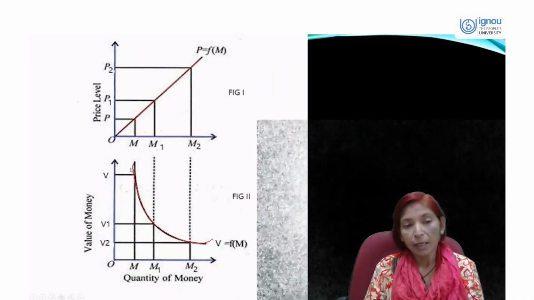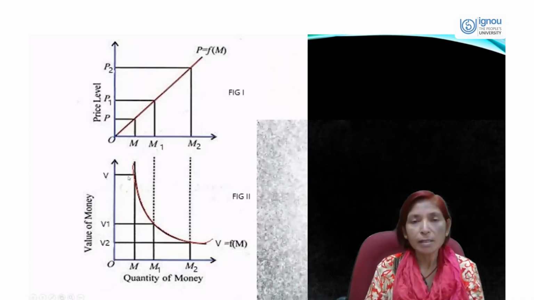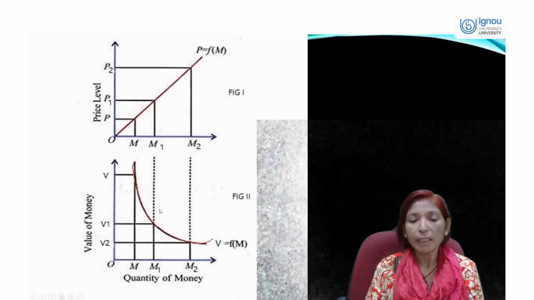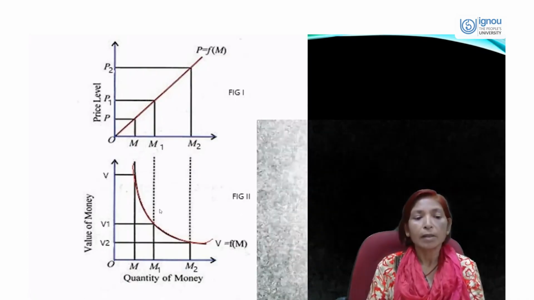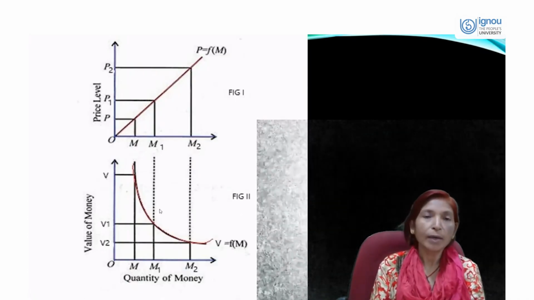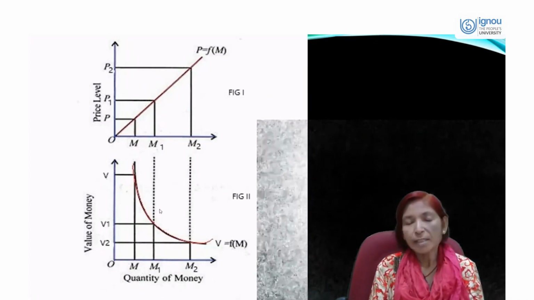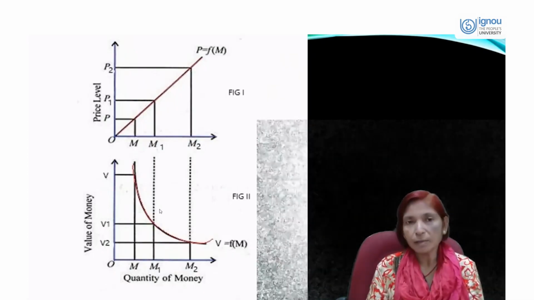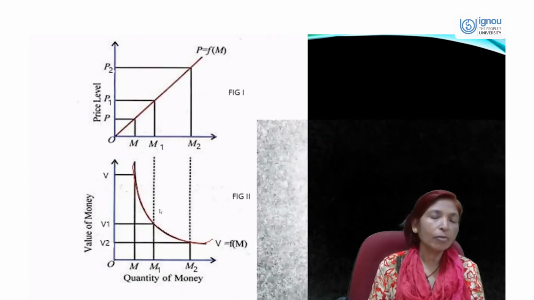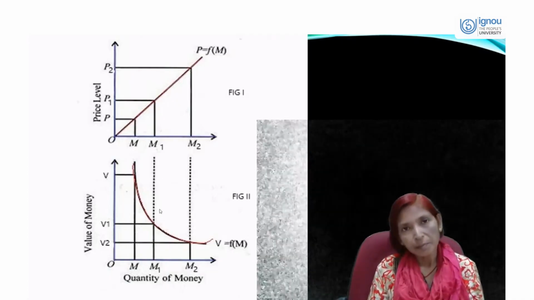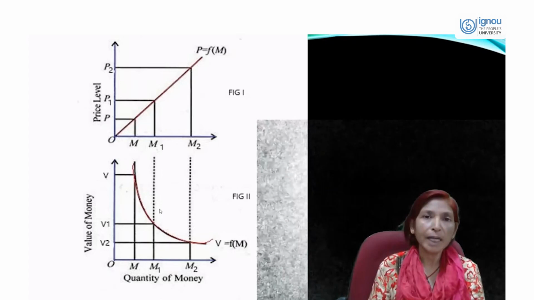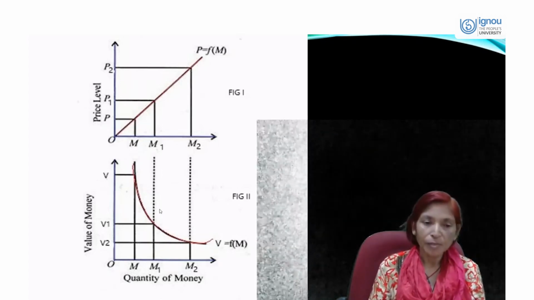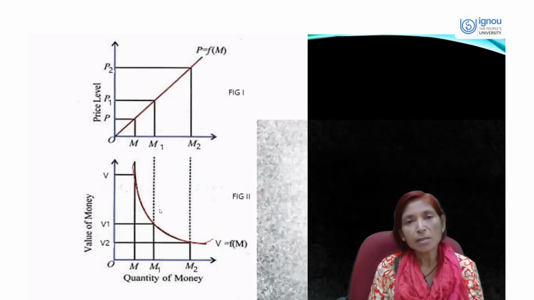So there is an inverse or negative relationship between quantity of money and value of money. Similarly, we can draw a negative sloped curve for value of money and price level, because price level and value of money also have an inverse relationship. So the curve will be downward sloping.